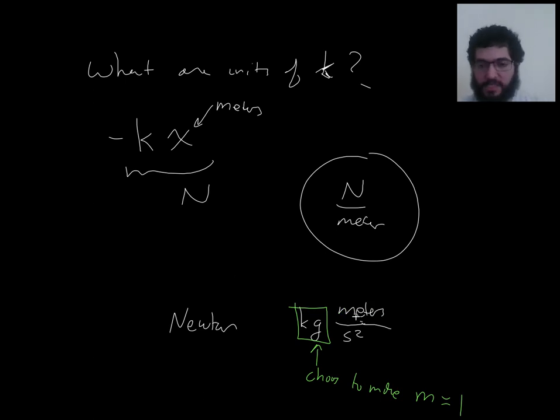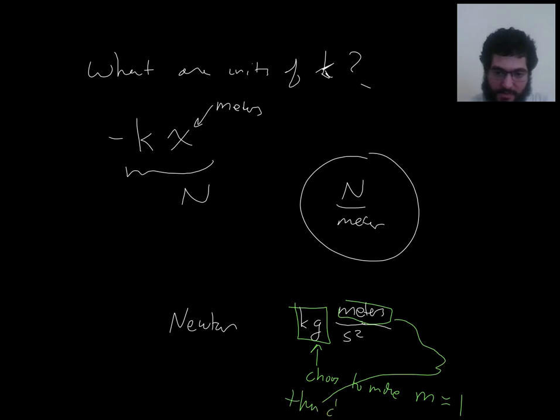But we have not specified our choice of units for time or for distance. So we could just choose either of those. So I could say, for example, afterwards, instead of meters, use a different unit of distance to make k be 1. You know, make the spring stiffness be 1. We can do that.